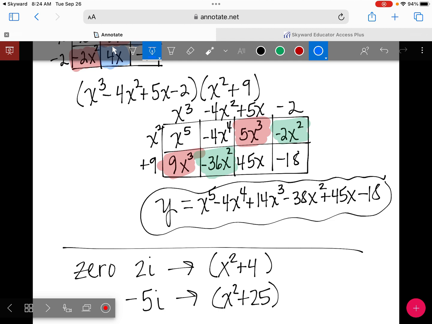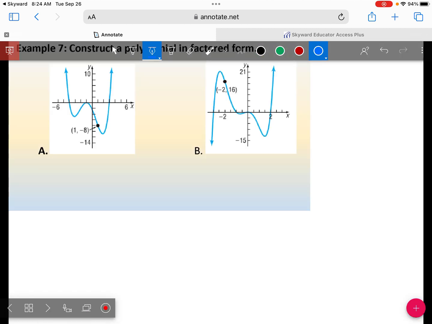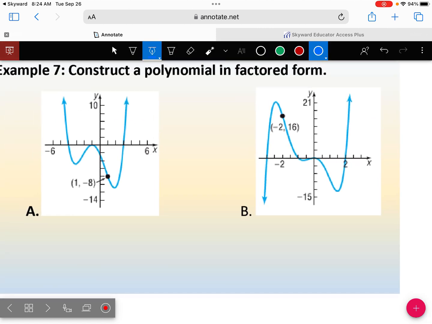We're skipping over 6 and going to 7, because 6 and 7 go together. There should be some glue sticks. There's some by the window too, if you don't have one on your desk.